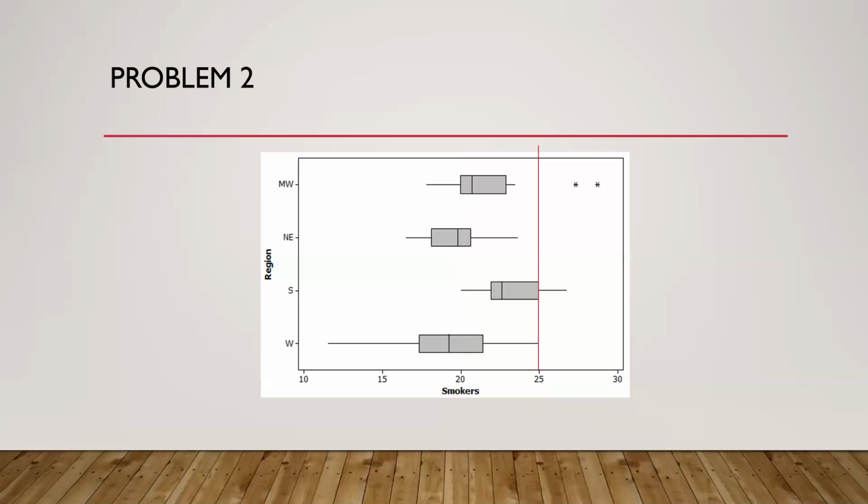So I've drawn a line corresponding to the right edge of the box for the southern states, and it's close to 25. So we would put in 25 in the blank for part F. The smoking rate is no more than 25% in 75% of the southern states.